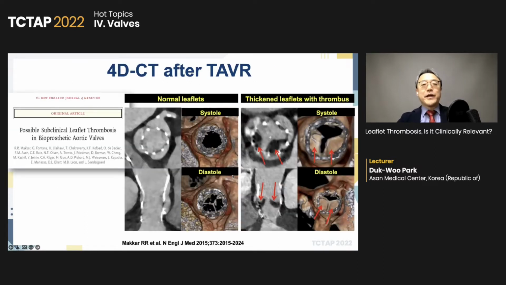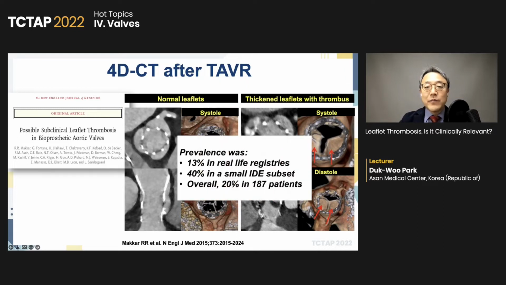This paper, by the co-moderator Raj Makkar, was reported in the New England Journal of Medicine nearly 6 years ago. There is a risk of possible subclinical leaflet thrombosis after TAVR valve, and the prevalence was 13%, in the small ID study 40%, overall 20%.